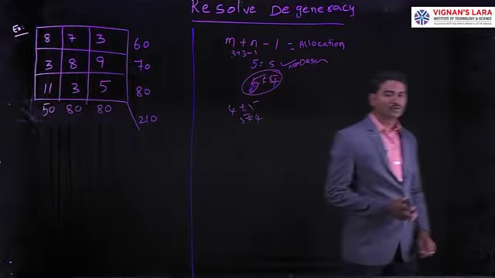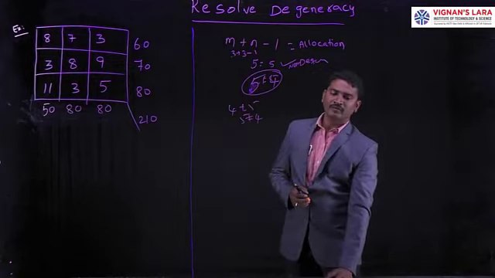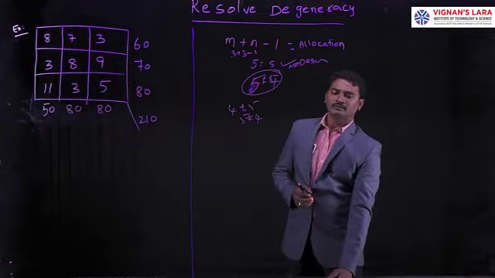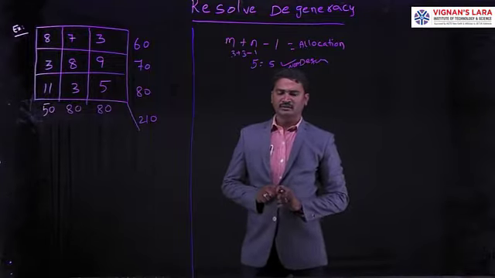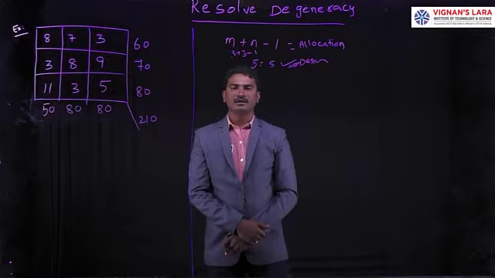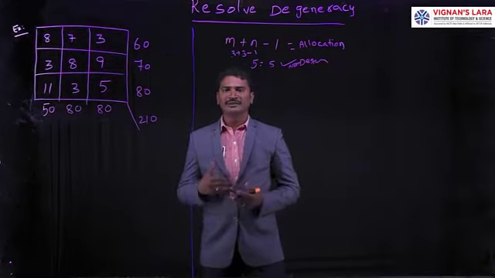So we have to go for resolving the degeneracy by taking an epsilon value, a minute value, and we are going to resolve that degeneracy.